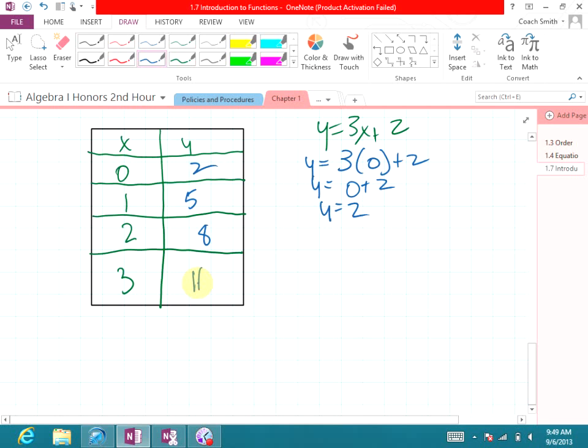Okay? Now, the other thing that you need to understand about functions, most of the time, I really can't think of one where it's not going to be, your outputs are going to follow a pattern in the sense of, if this is increasing, it's going to increase.